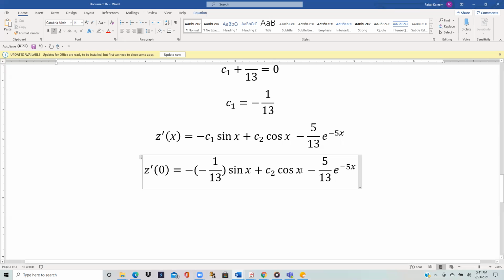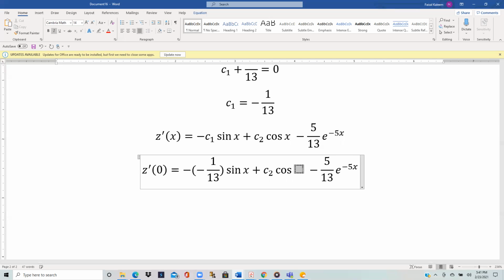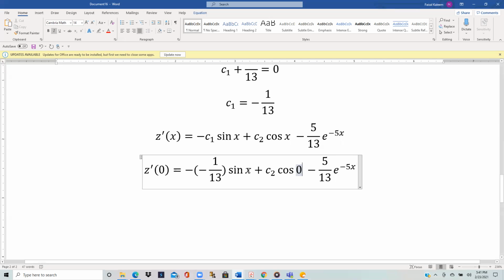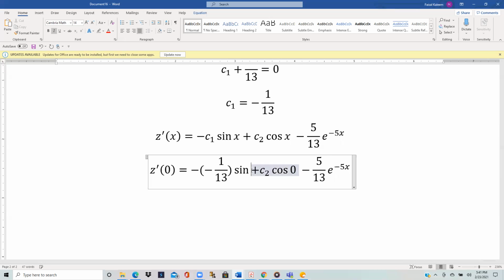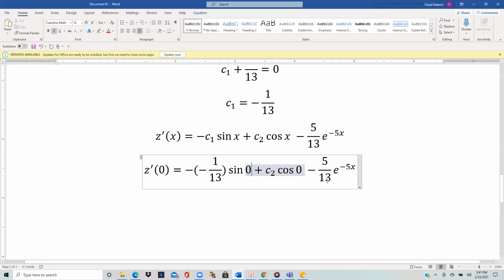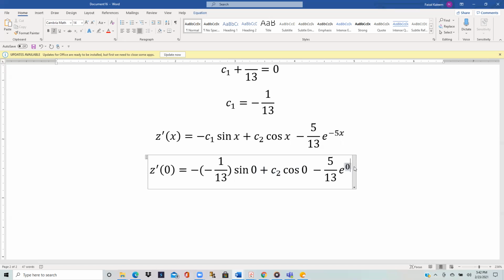C2 has to be found. So we have negative c1 sin 0 plus c2 cos 0 minus 5 over 13 e to the 0 equal to 0.